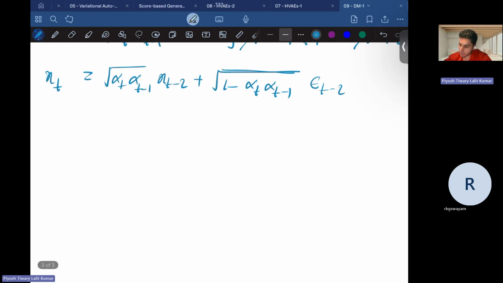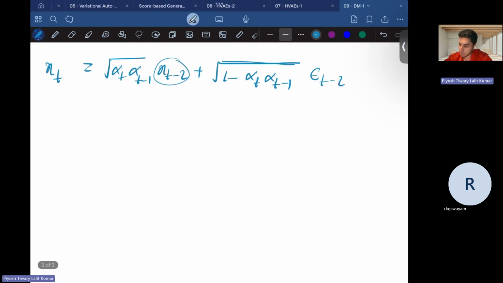Okay. So now what I can do is again replace x t minus 2 in terms of x t minus 3, right? I can go recursively now. So what will it become? You can find a pattern. You can do it for x t minus 3 as an exercise, but I will just tell you what it will become eventually.